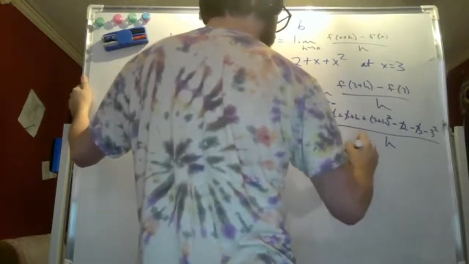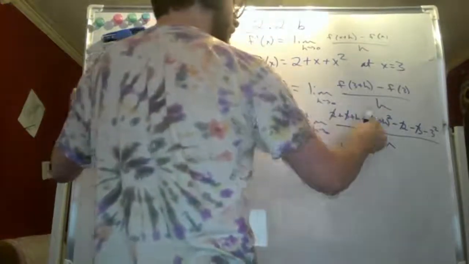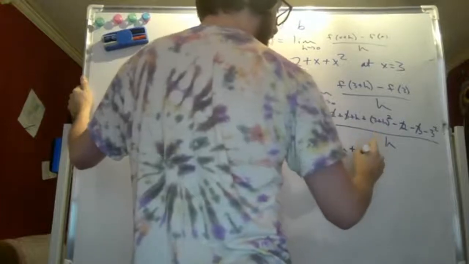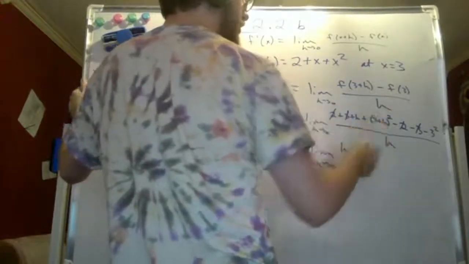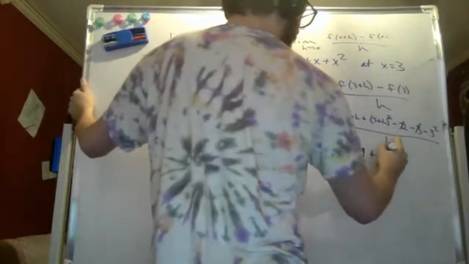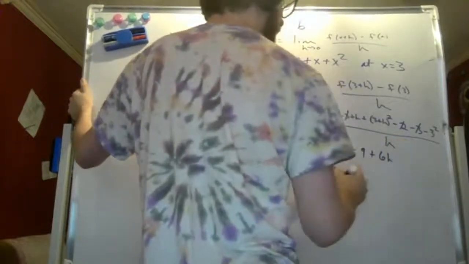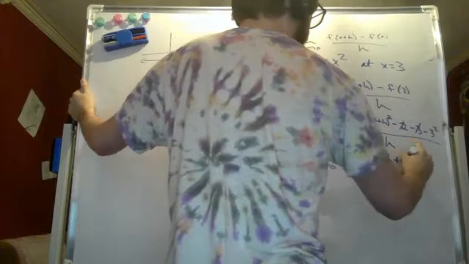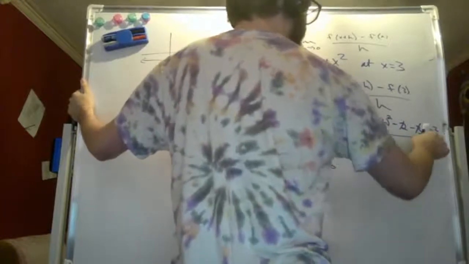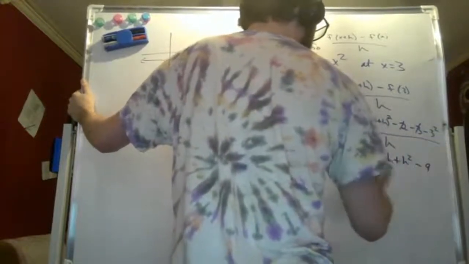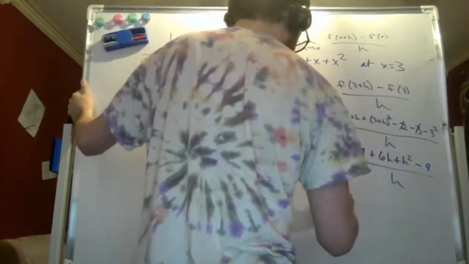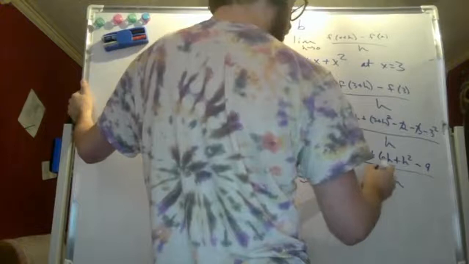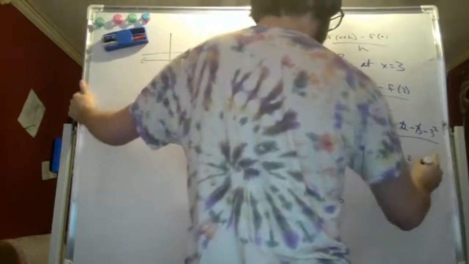So 3 squared is 9. For our middle term, we're going to have 3h, but double it, so that's 6h, plus h squared, minus 3 squared, which is 9, divided by h. So this 9 and minus 9 are going to cancel.